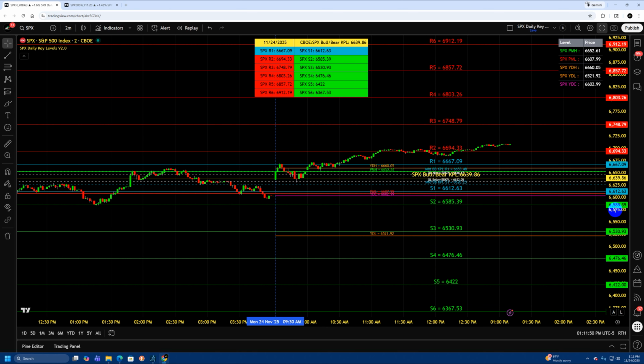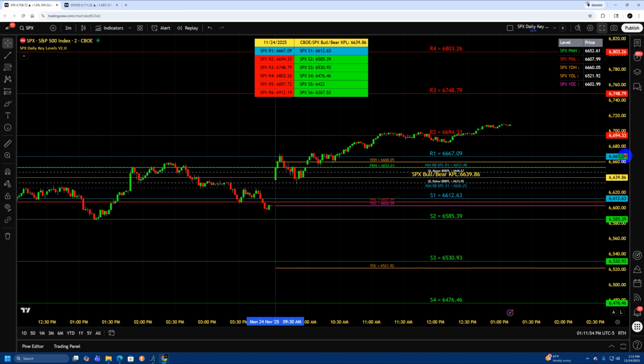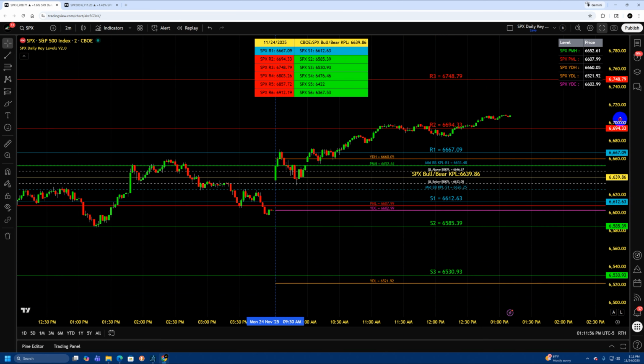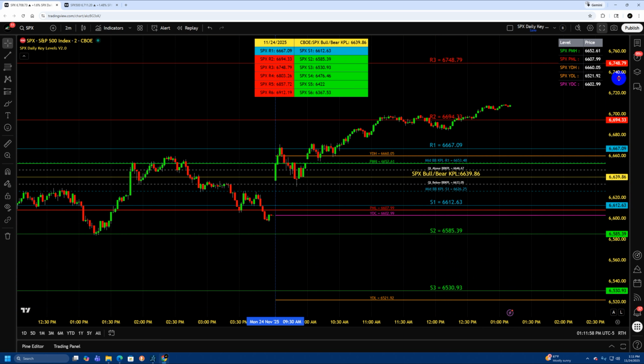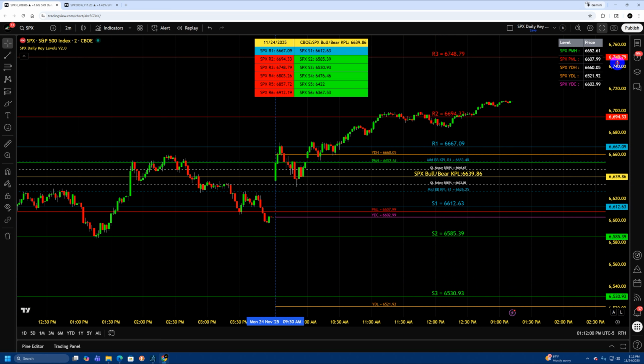You instead take your mouse over here and drag your mouse and expand the chart so it is either R3 through S3 or some combination of R3 through S2 or R2 through S2, but somewhere in the R3 through S3 range.